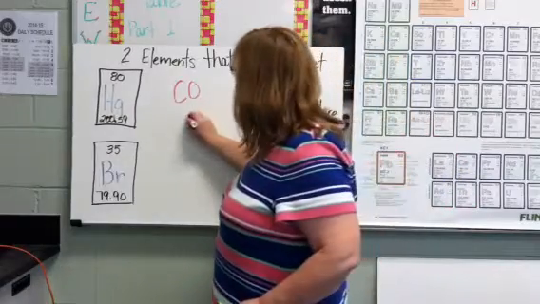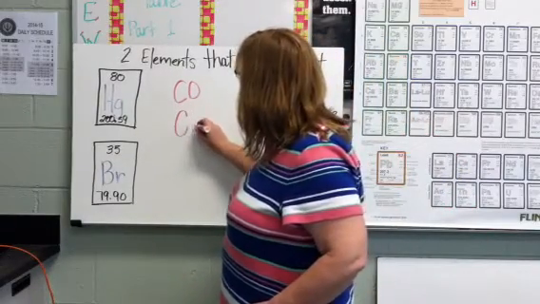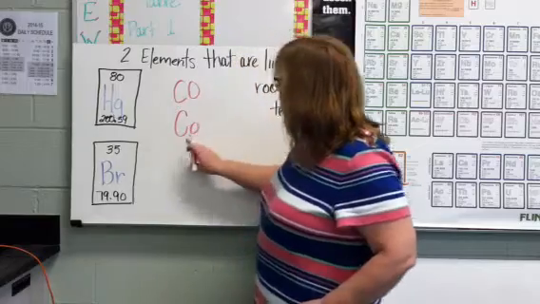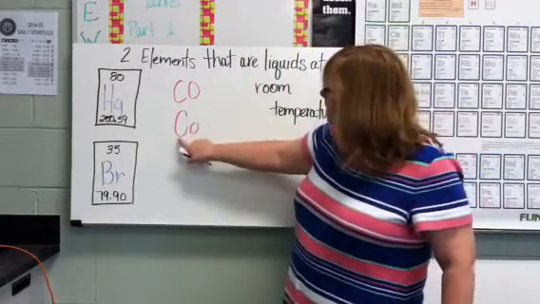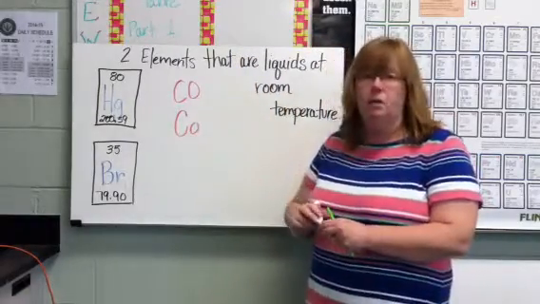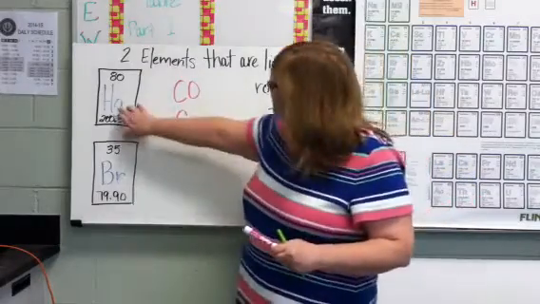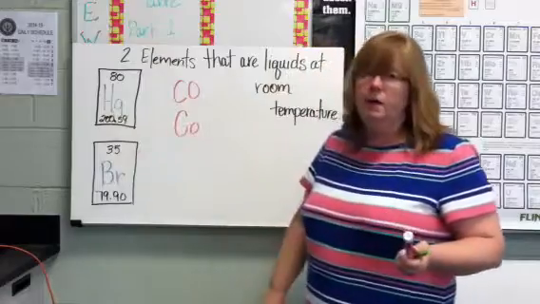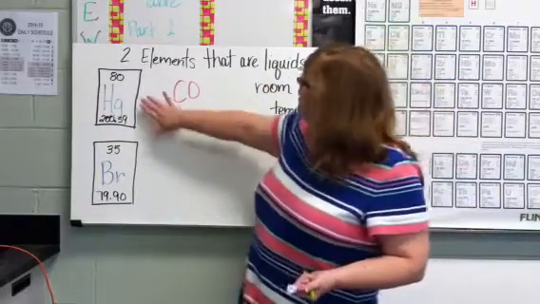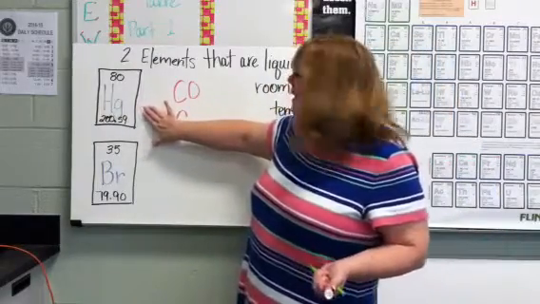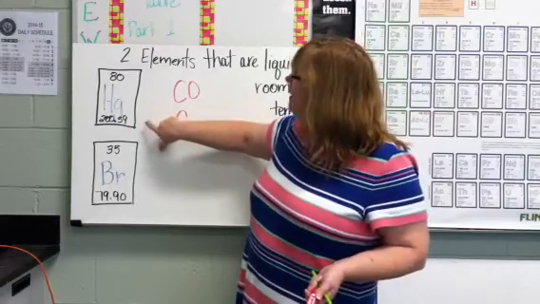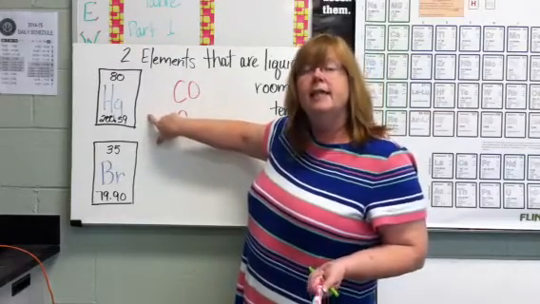But if we wanted to represent cobalt, whose symbol is Co, we would have to make sure that we write a capital C and a lowercase o. So we really need to make sure that we're writing our letters clearly, where the first one's capitalized and the second one is lowercase.